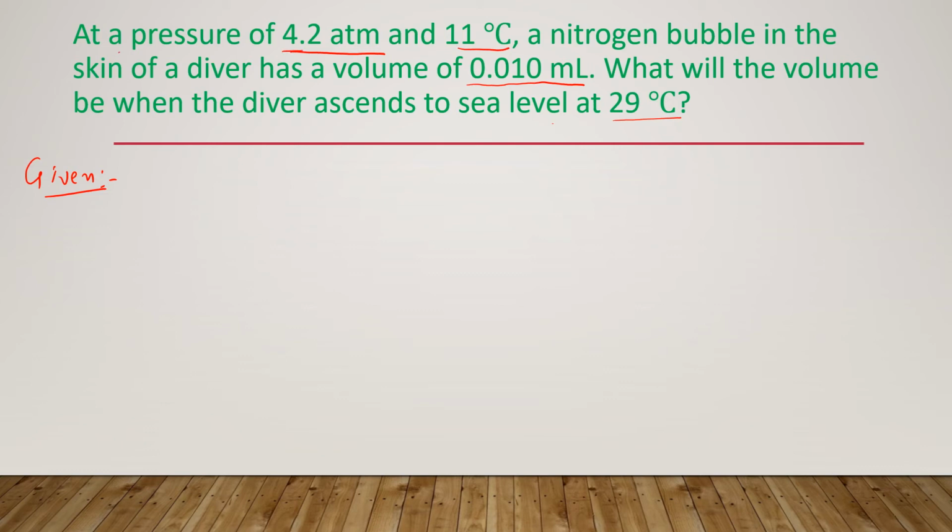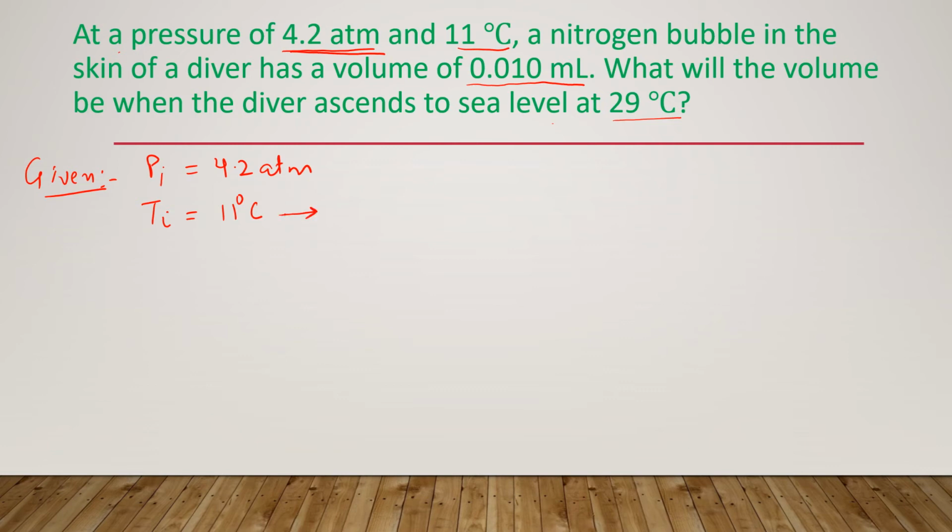At a pressure of 4.2 atmospheres, the initial pressure Pi is given as 4.2 atm. And 11 degrees Celsius, so the initial temperature is also given. So Ti is 11 degrees Celsius, and we know that temperature must be in Kelvin. So let's change this to the Kelvin scale.